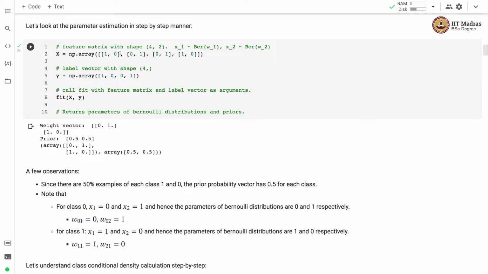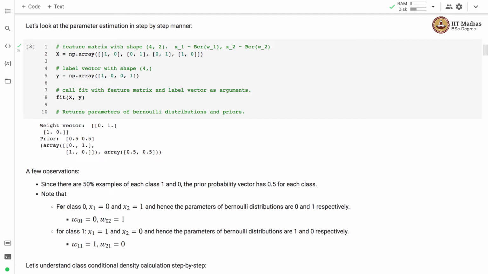Each example is represented with 2 features, and then we have a label vector with 4 components, one corresponding to each example. So the first and the last example come from class 1, and the middle 2 examples come from class 0. Then we call the fit method with feature matrix and label vector as arguments, and it returns the parameters of Bernoulli distribution and prior. So we get a weight vector of 0, 1 and 1, 0, and we get a prior vector of 0.5 and 0.5.